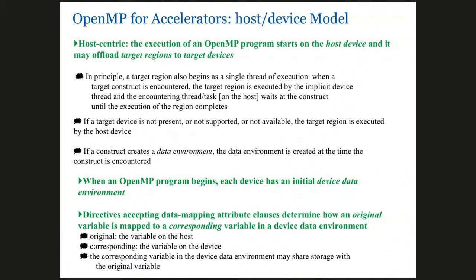In principle, a target region also begins as a single thread execution. When a target construct is encountered, the target region is executed by the implicit device thread, and the encountering thread or task waits at the construct until the execution of the region completes.